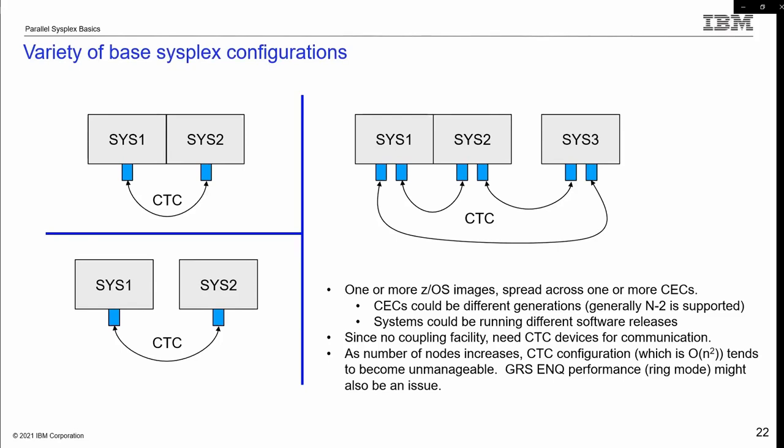And again, remember, since there is no coupling facility in this methodology, the only way of communicating between these devices are to use what's referred to as these CTC connections. And remember, they're any to any. So Sys1 needs to talk to 2 and 3, Sys2 needs to talk to 1 and 3, and Sys3 needs to talk to 1 and 2.